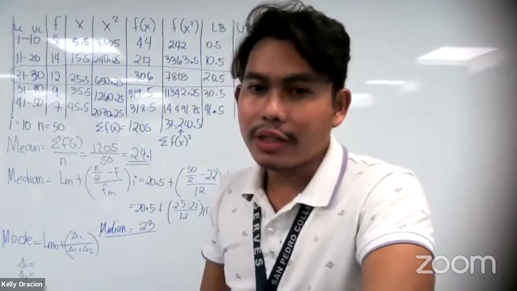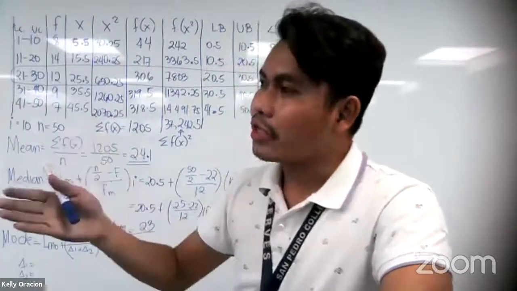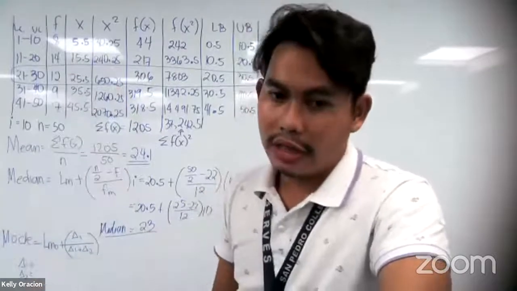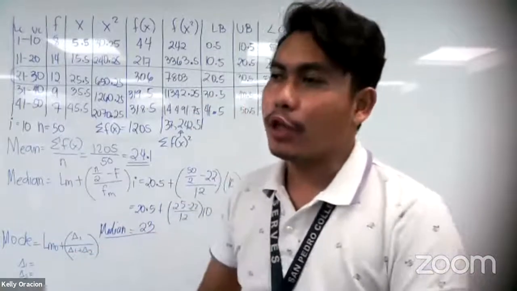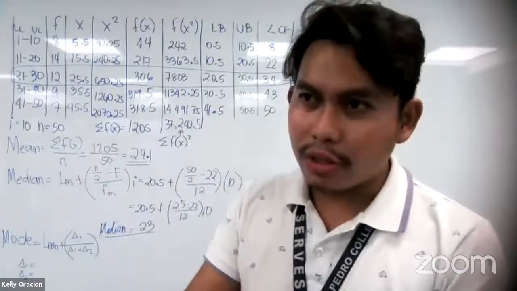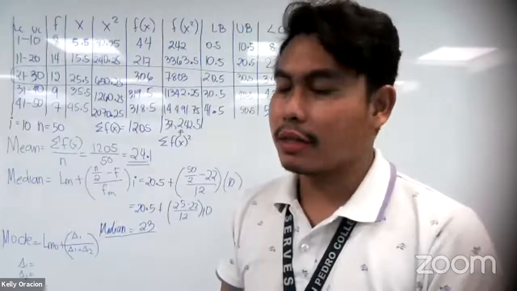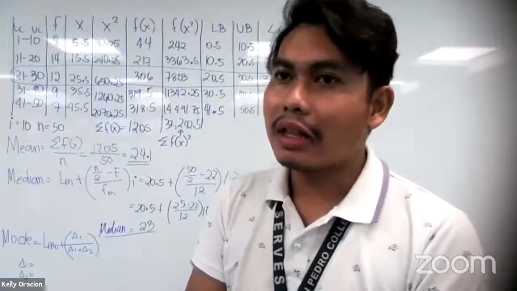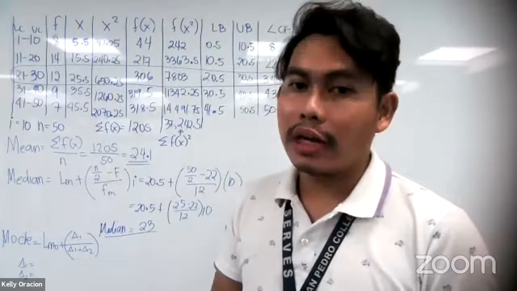Yung delta 2 is the difference between your frequency of the modal class and the frequency before the modal class. Again, delta 1 is the difference between the frequency of your modal class and the frequency after the modal class. Delta 2 is the difference between the frequency of your modal class and the frequency before your modal class.